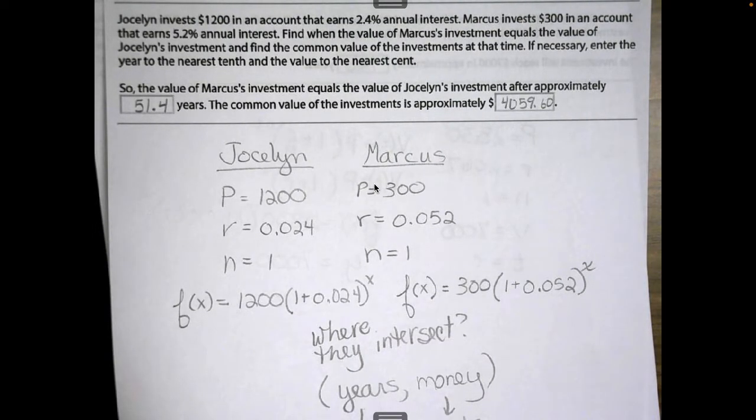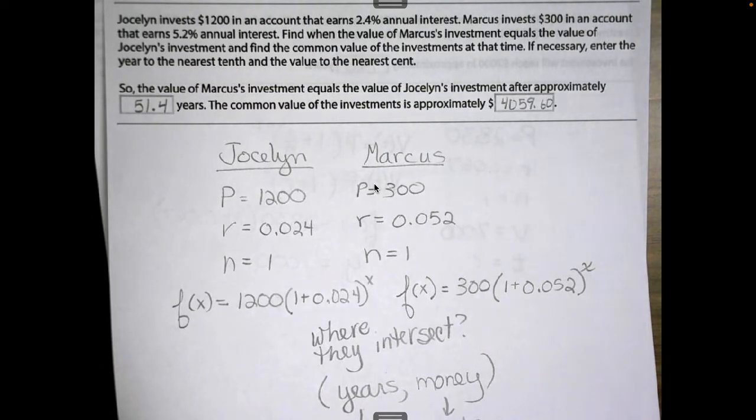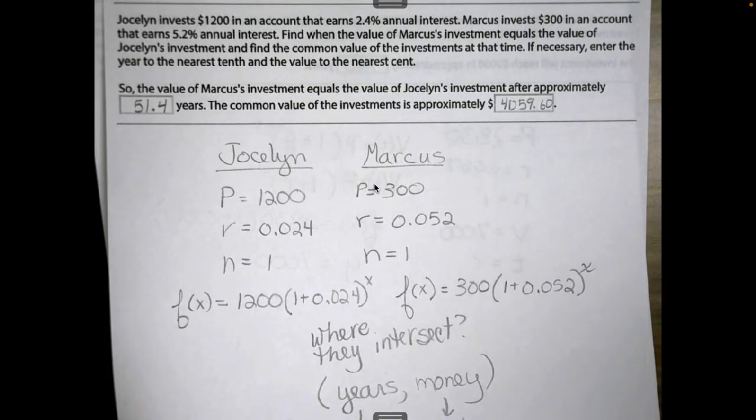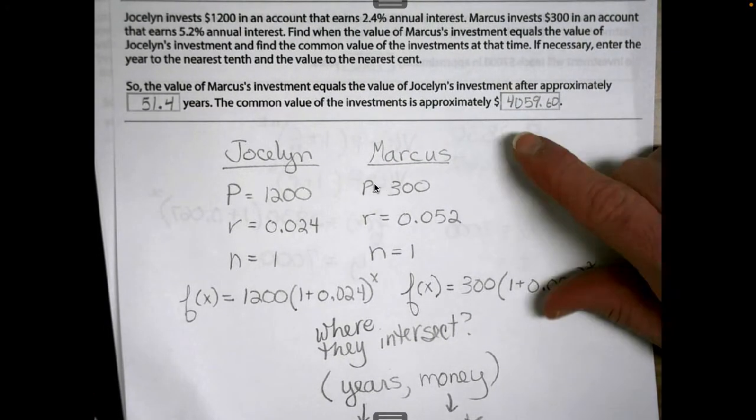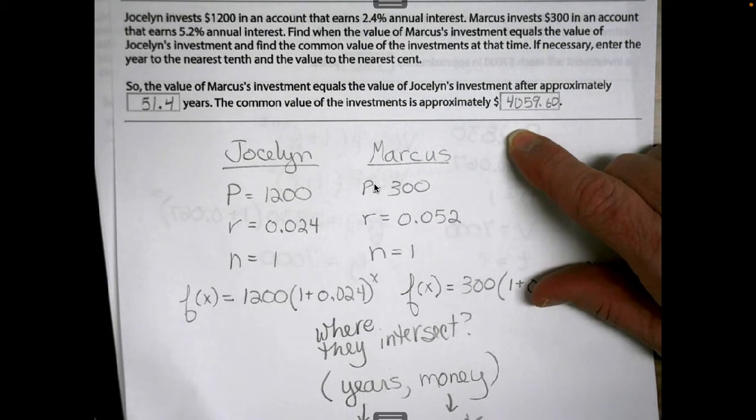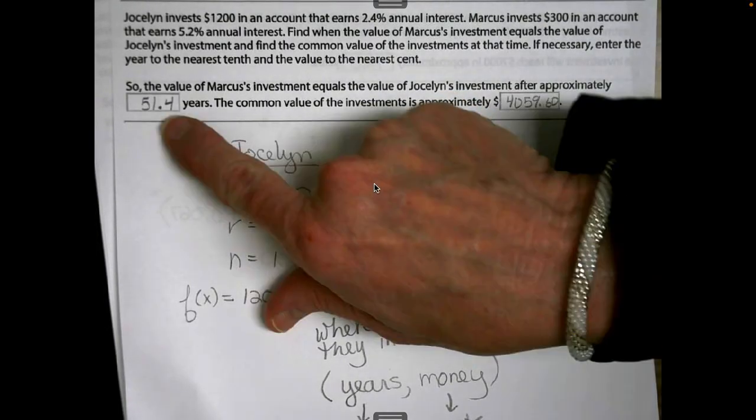What about compound interest? Big money's pretty fast. So that's how you compare two people's investments. Interesting. Marcus won't outdo Jocelyn until after that point in time.